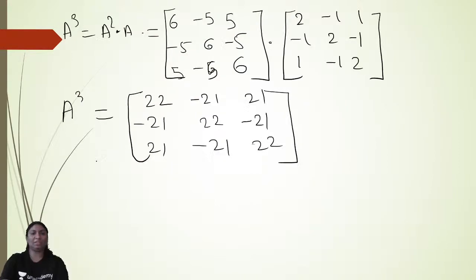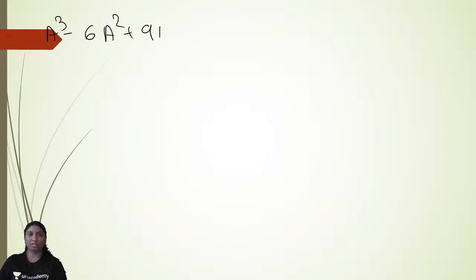So try to see whether it is 0 or not. Okay. So we will consider the characteristic equation: A cube minus 6A square plus 9A minus 4I is equal to 0. Okay, we will check whether we are getting 0 on the right hand side or not. So just put all the values here.